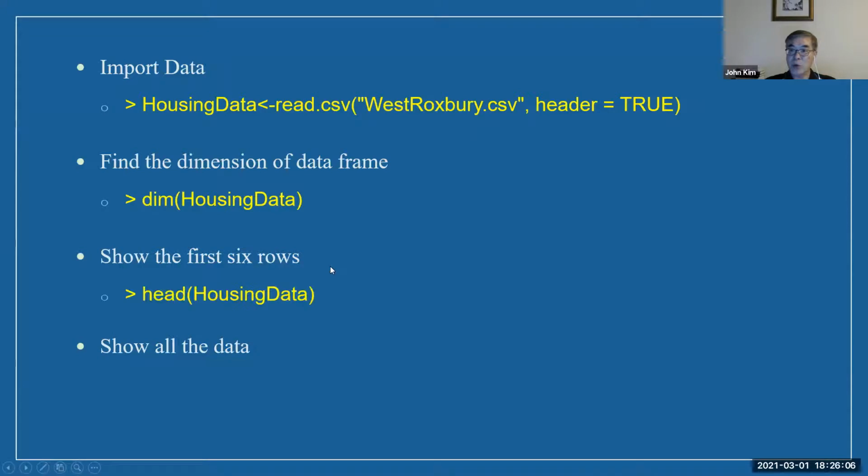Then show the first 6 rows. If we use the function head with the data set, this function shows the first 6 rows. So type this one in the pane again: head.